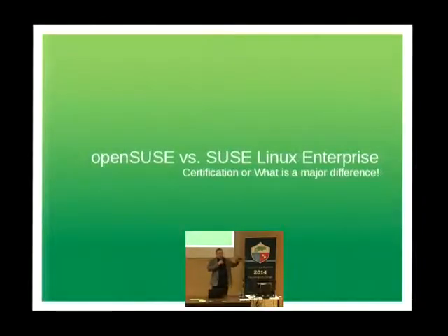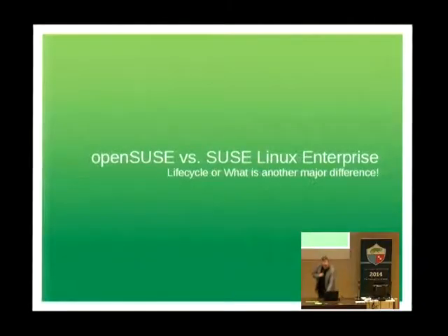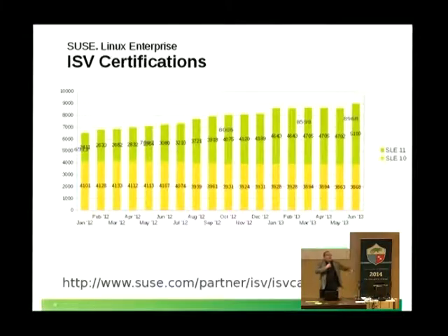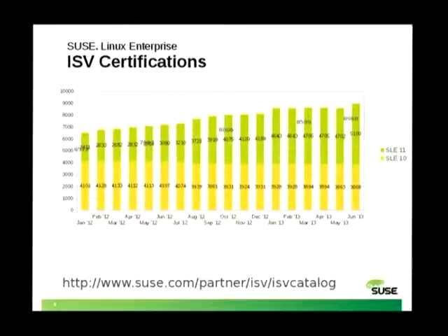Now, I wanted to talk a little bit about the differences. One of the major differences between openSUSE and SUSE Linux Enterprise is certifications. Certifications are a big part of why we have SUSE Linux Enterprise, and that's one of the major differentiations between openSUSE as the distribution and SUSE Linux Enterprise as an operating system.